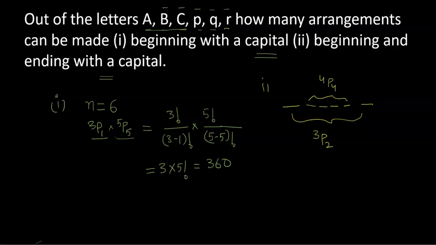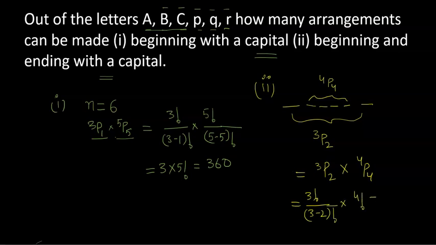So this is the second part. How many possible ways can it be done? It can be done as 3P2 times 4P4. These two things happen, and it works out. 3P2 is 3 factorial divided by 3 minus 2 factorial, which is 1 at the bottom, and 4P4 comes out to be 4 factorial.